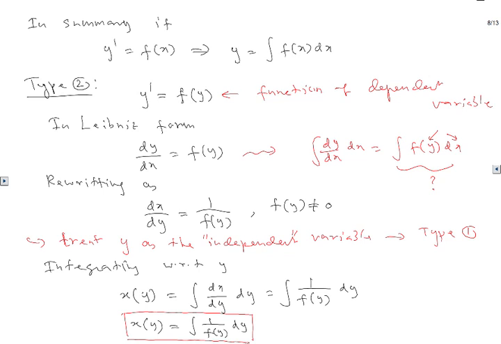After we integrate, we try to solve for y if possible. Good. Let's look at some problems to understand the argument.